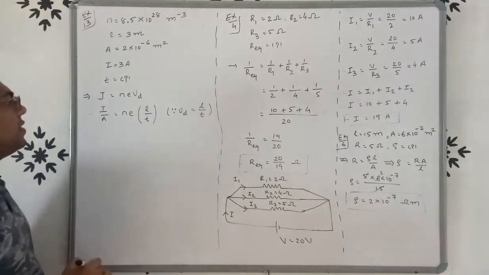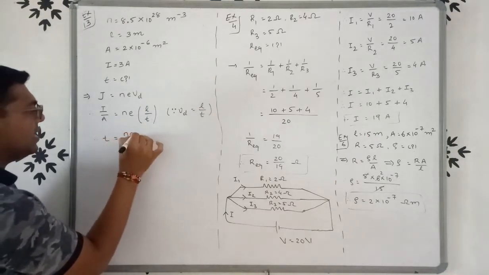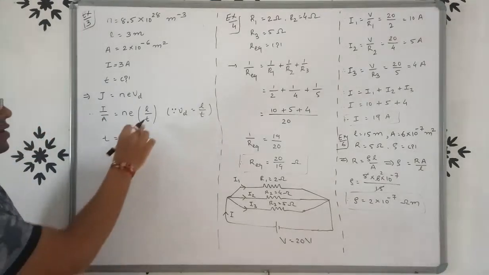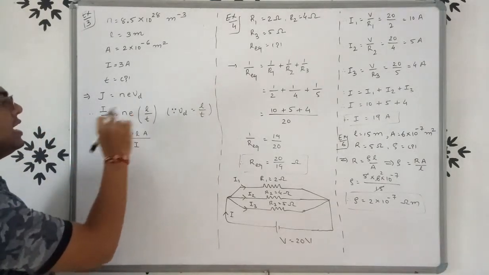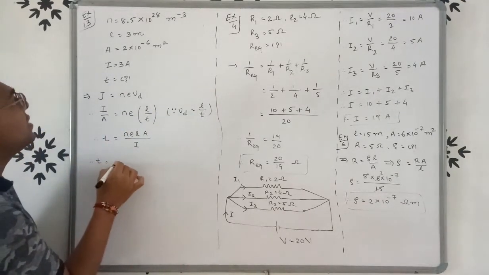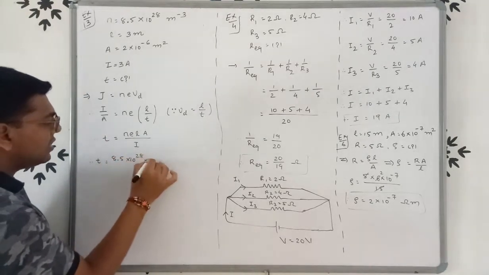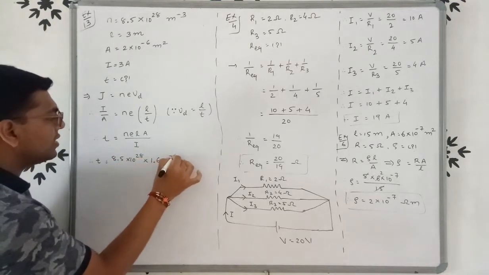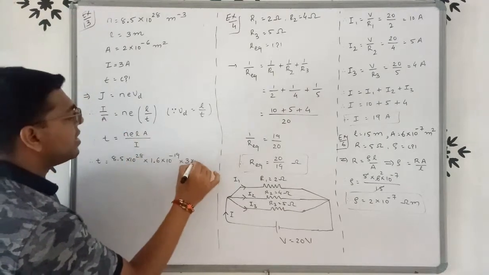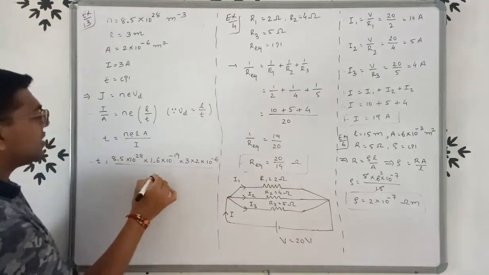So if we formulate time t, so time t is equal to nelA upon I. So time t is equal to the value of n, number density 8.5 into 10 raised to 28, e charge of electron 1.6 into 10 raised to minus 19, length 3, cross sectional area 2 into 10 raised to minus 6, divided by, here the current is 3.